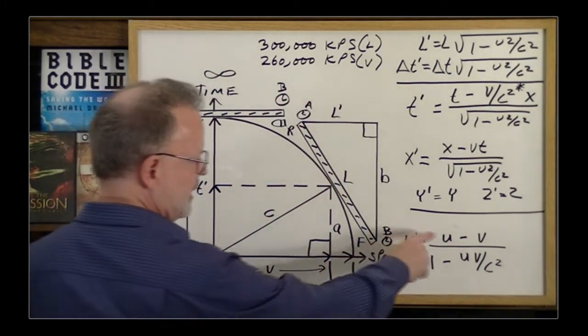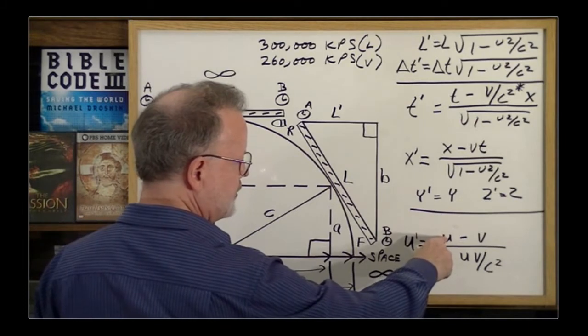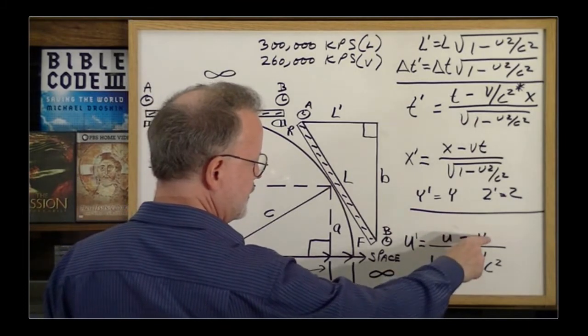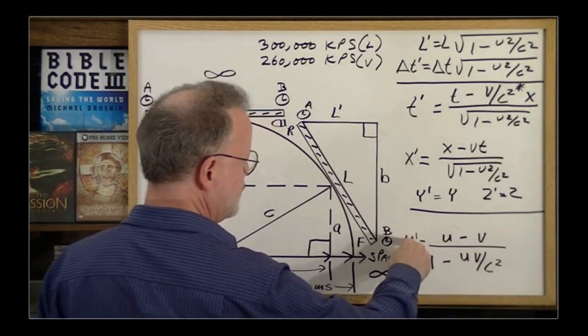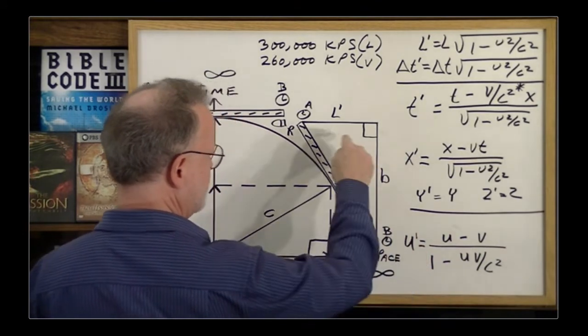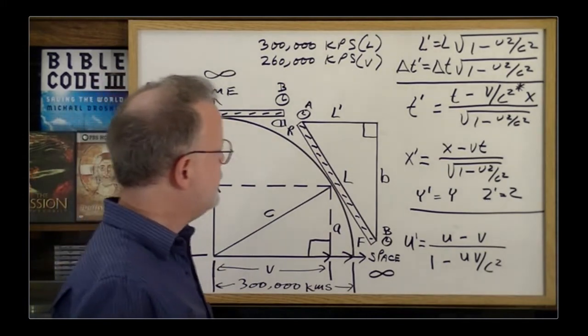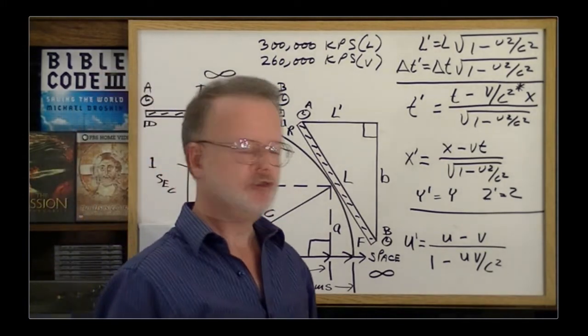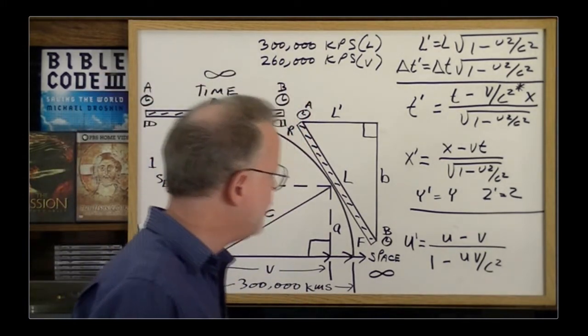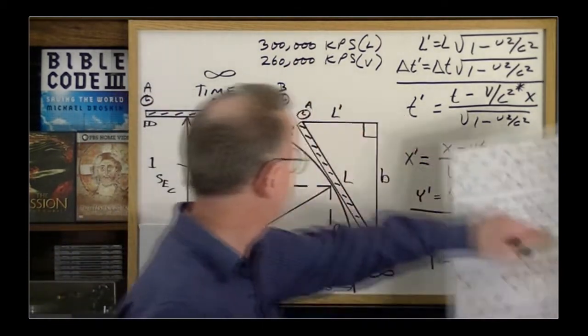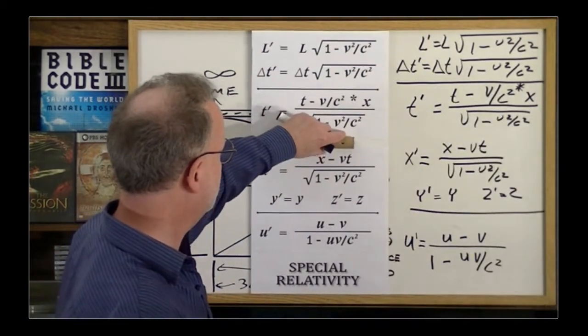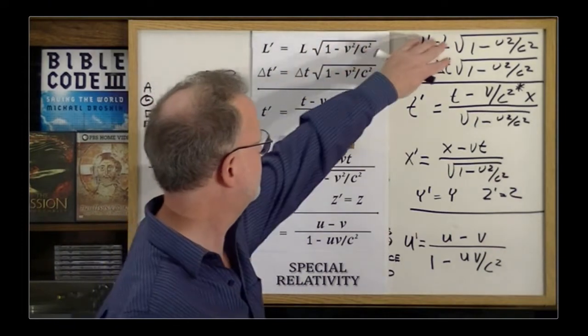So that would be, in this case, 297,000 kilometers minus the 260 divided by this, which would give you 260. In other words, the speed of the bullet as they see it. So just by using this simple ABC geometry, what we come up with is these equations.